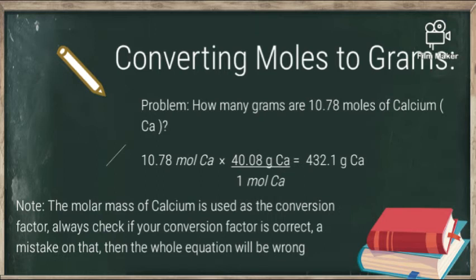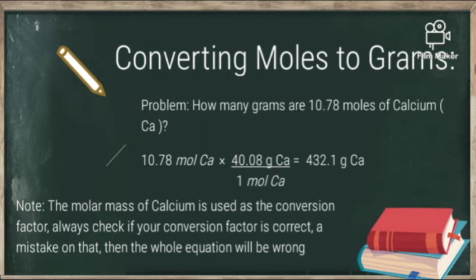Okay, so here's the solution. First is the given, 10.78 moles of calcium. Now we need to convert it into grams. To convert it into grams, we need the molar mass of calcium, which is 40.08 grams of calcium per 1 mole of calcium. So now we use the molar mass of calcium, not the inverse, as the conversion factor.